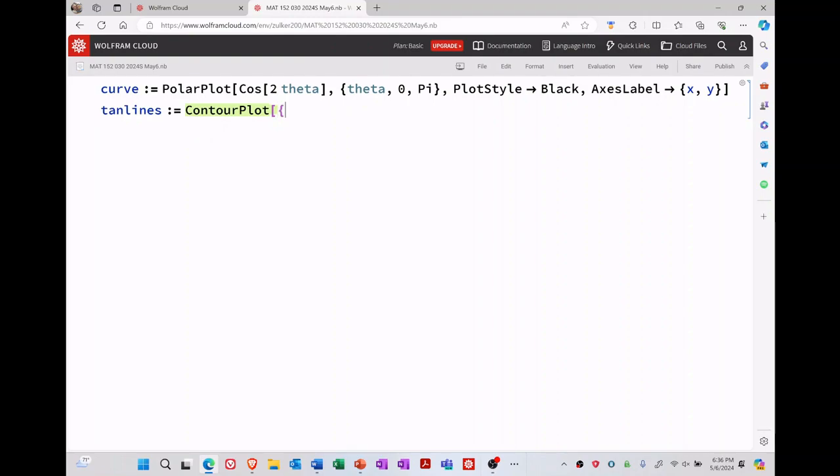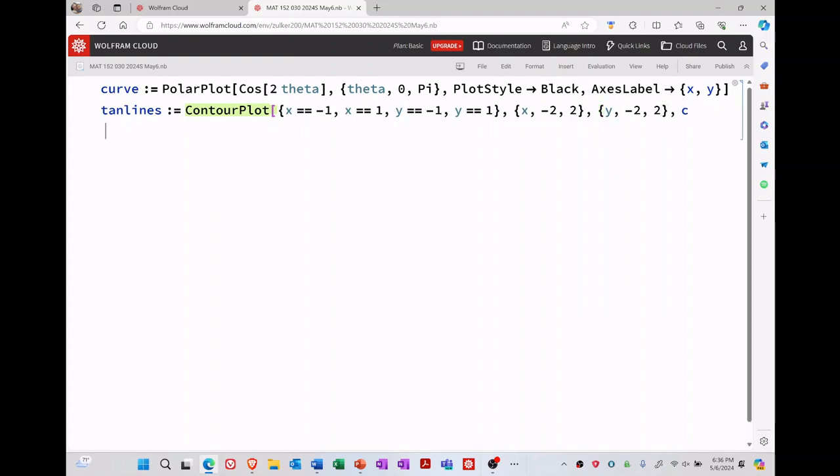So we have 4 tangent lines, x equals -1, x equals +1, y equals -1, y equals +1. Let's just go -2 to 2 all the way around. Oops. Good, it wasn't shift enter.